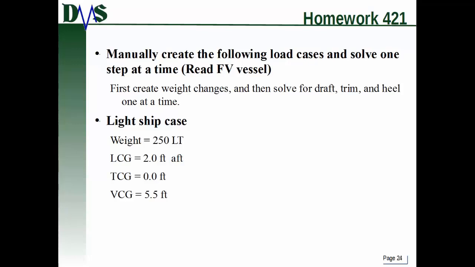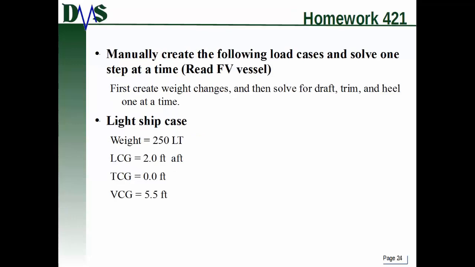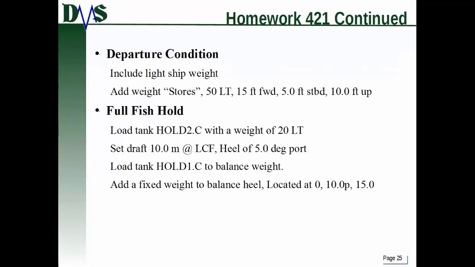Now that's light ship. So to add the light ship weight, you should be using the weight command. And then once you've done that, you've added your light ship weight, you've solved for draft, solved for trim, and solved for heel as separate commands.